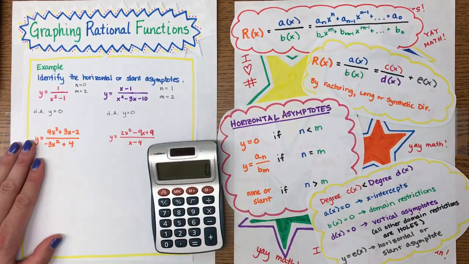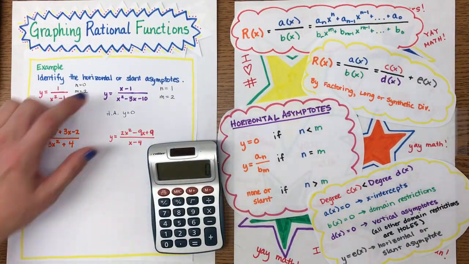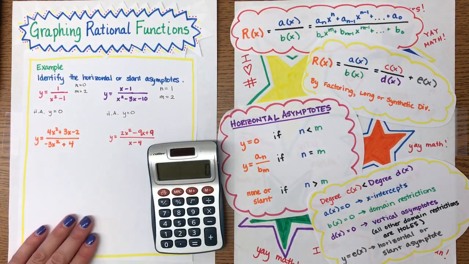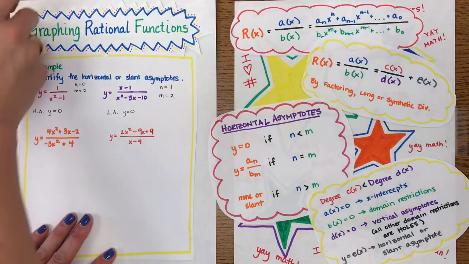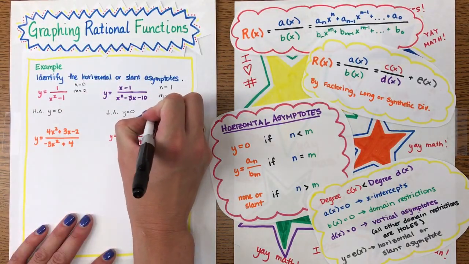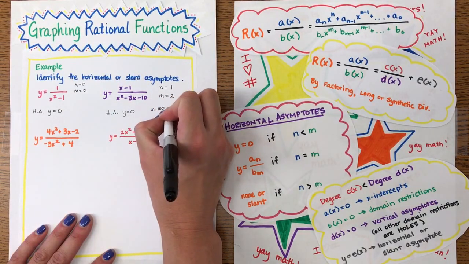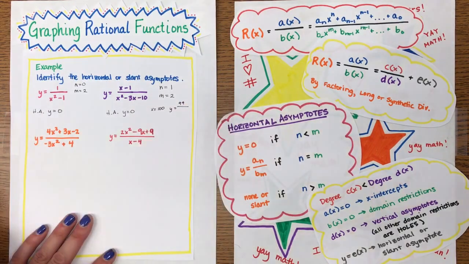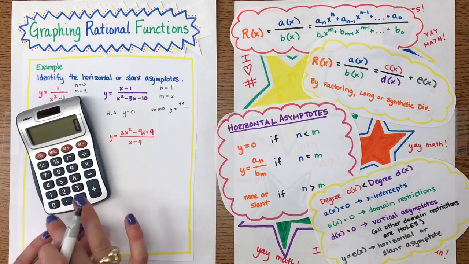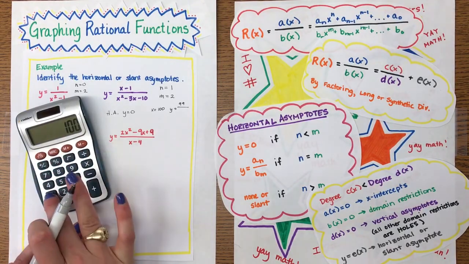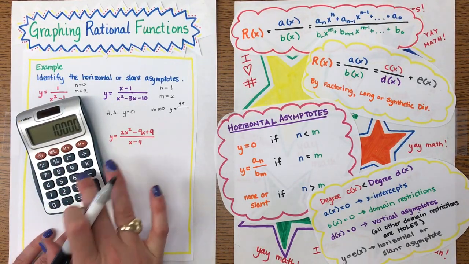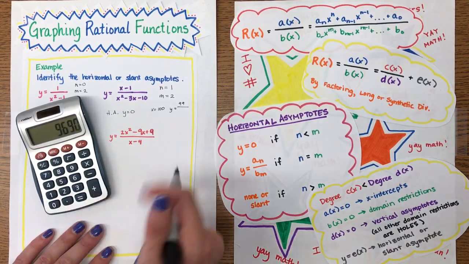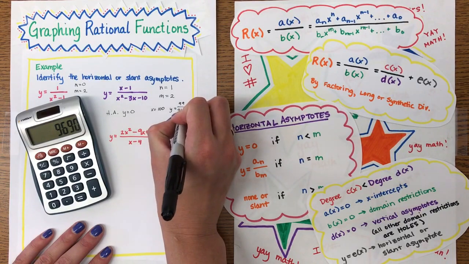This is a little harder to see, but let's look at the ratio of my numerator and denominator. If x is 100, my y value is going to be 100 minus 1, so that's 99, over 100 squared minus 3 times 100 minus 10, which is 9,690.